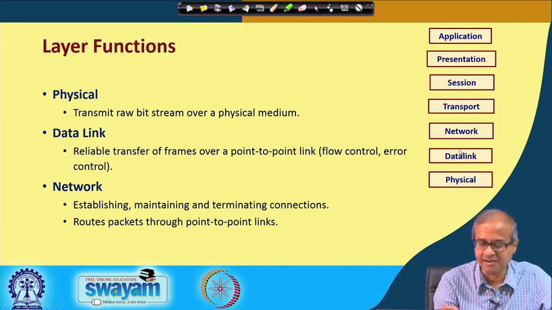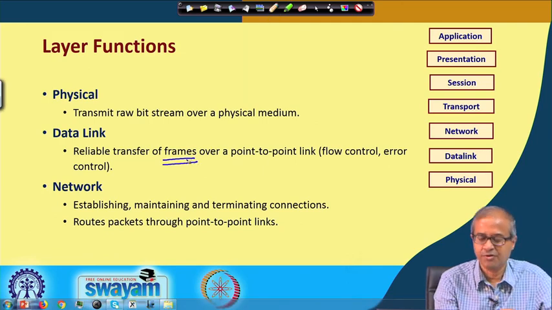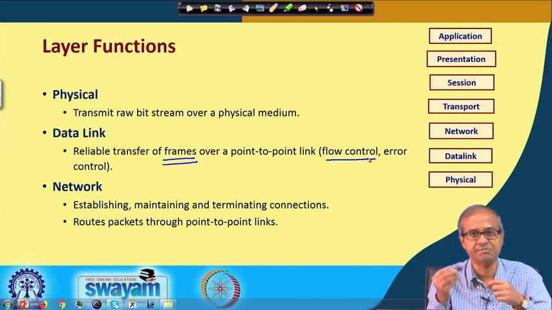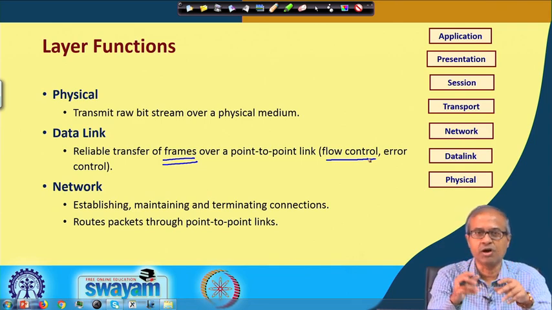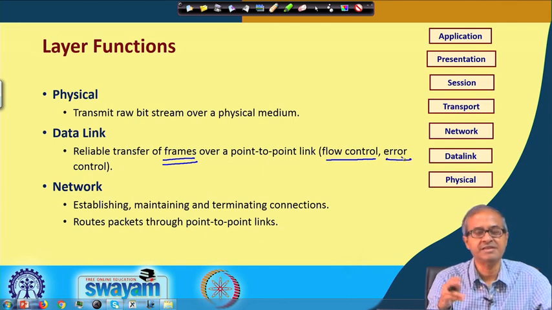At this level, the data unit is called a frame over a point to point link. It also takes into account flow control. That means, if there is a speed mismatch, it can slow down or make faster the rate of data transfer. If there are some errors, it will try to handle the error, it will try to retransmit that frame again, and so on.